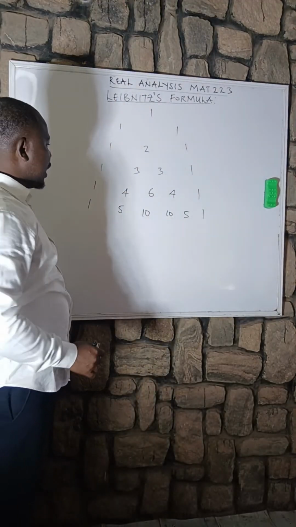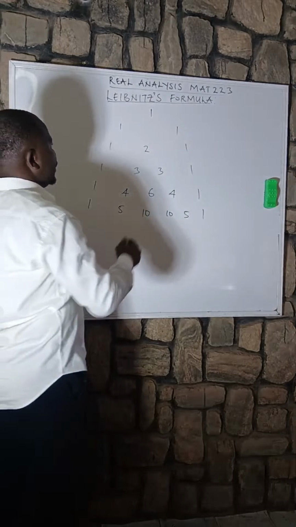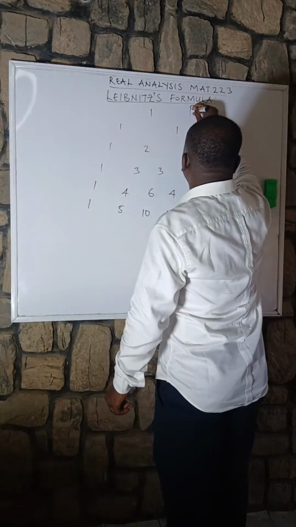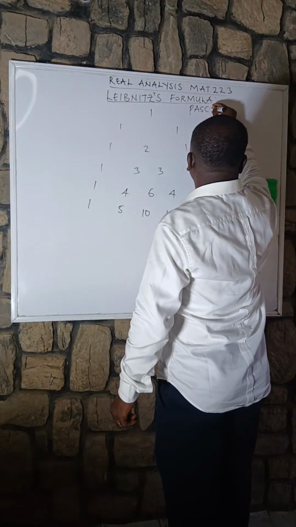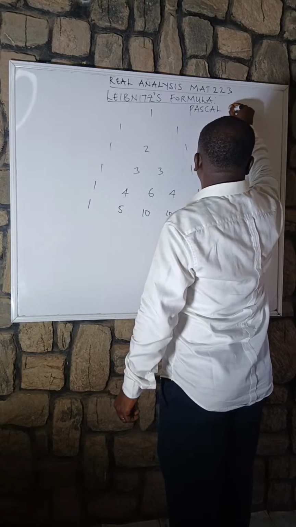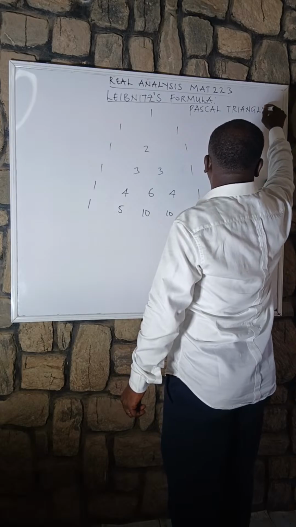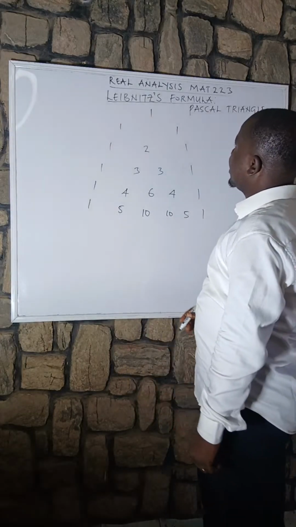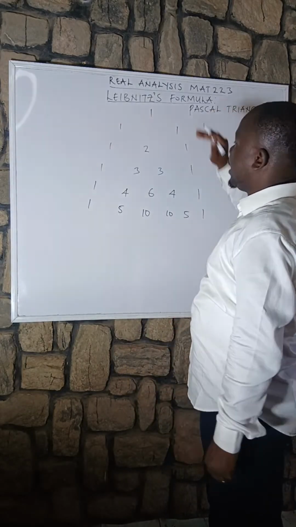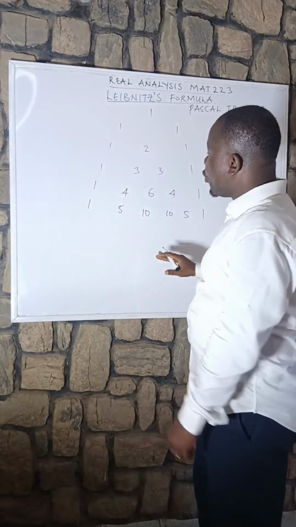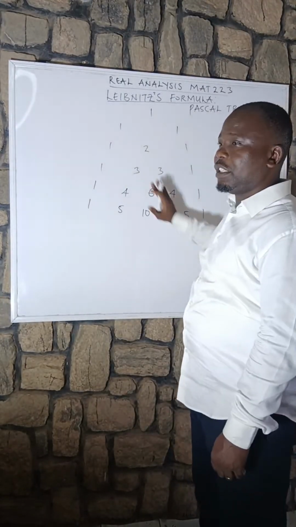This is how to arrange the Pascal triangle. We call this Pascal triangle, right? Yeah. So as long as the Leibnitz formula is concerned, we need to make use of this Pascal triangle.